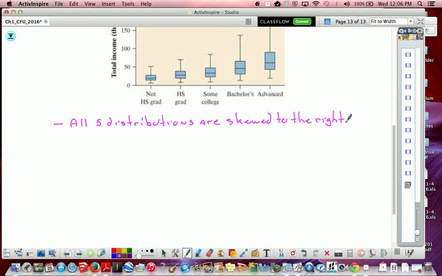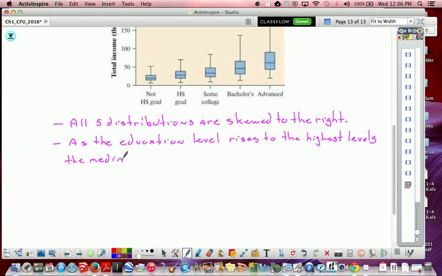As your education level rises to the highest levels, the median, quartiles, and extreme values all increase.